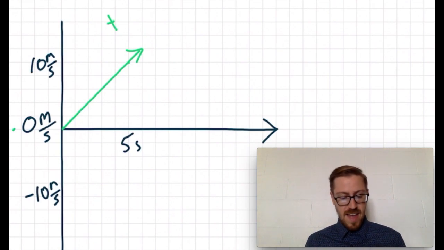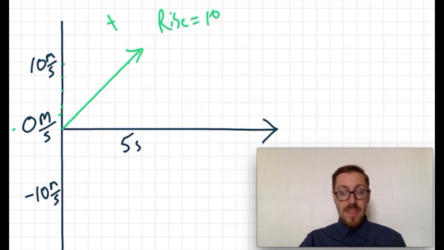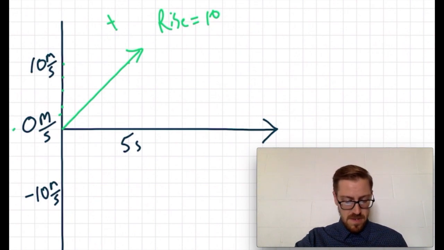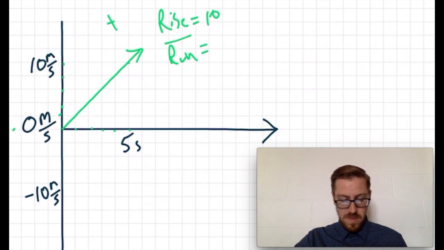So if we looked at this graph, I count 2, 4, 6, 8, 10 for our rise, and that's positive 10. And the run is 1, 2, 3, 4, 5, so over the run would be 5.